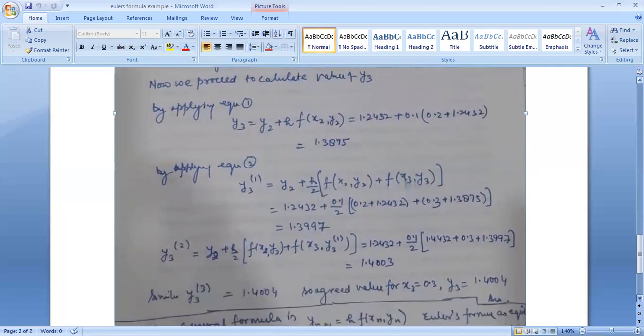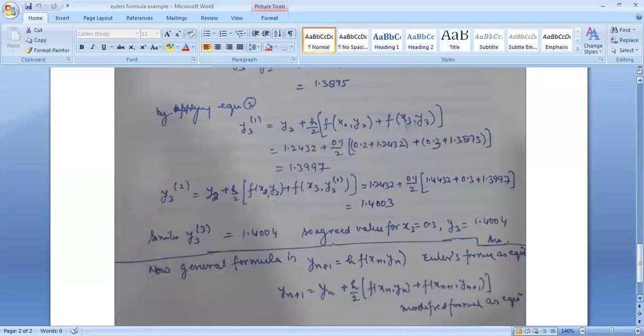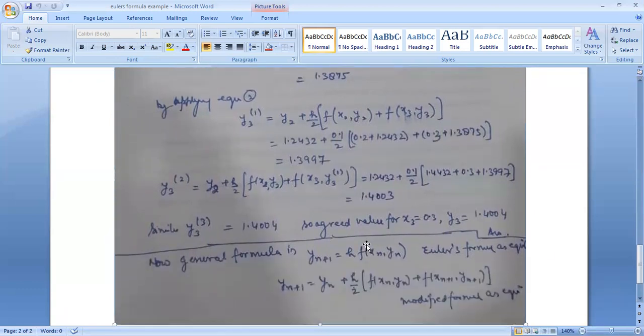And if you calculate y33, it will be again coming as 1.404. So the agreed value of x3, that is y3, is equal to 1.404. So in this way, Euler's formula, the modified Euler's formula, is applied along with the original Euler's formula.